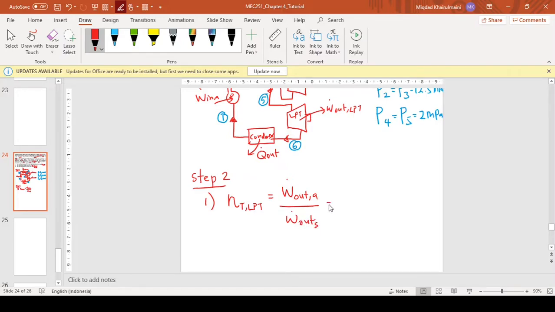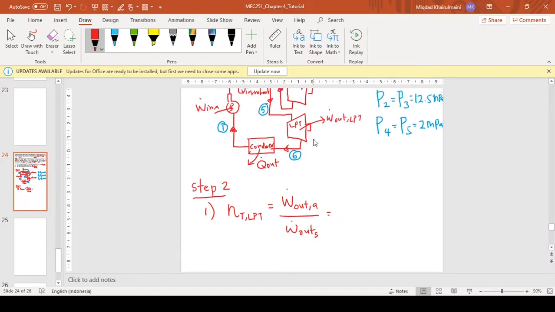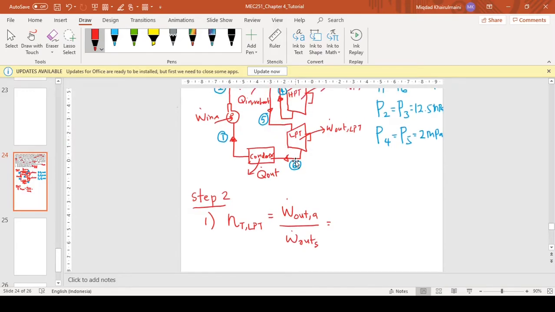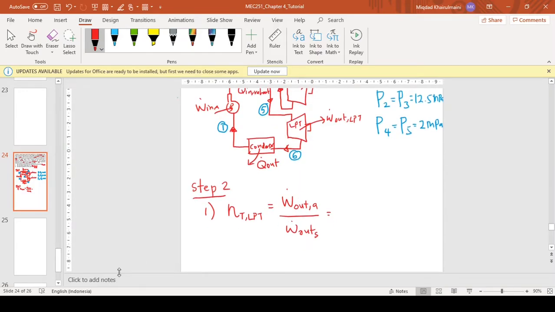Okay, so we can expand this equation, taking into consideration the states involved. For the low pressure turbine, it's state 5 and state 6. So we can write the equation as actual m dot (h5 minus h6a) over m dot (h5 minus h6s).